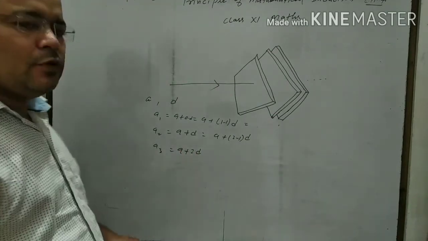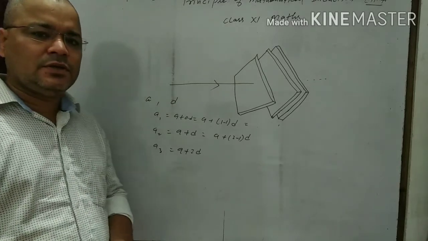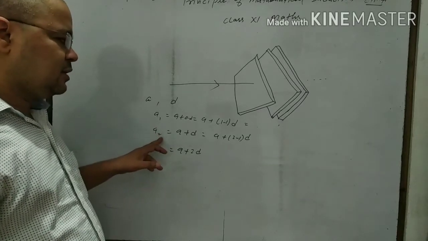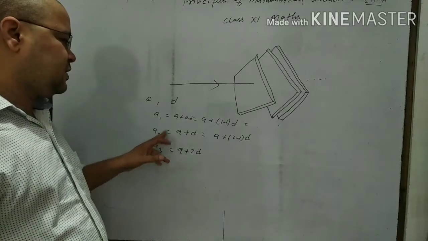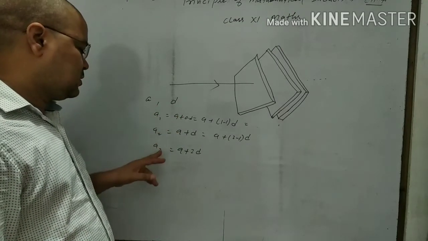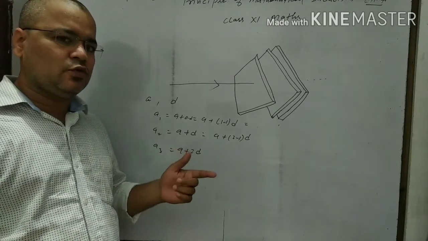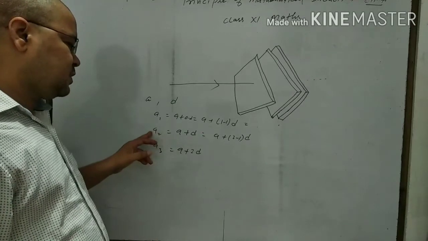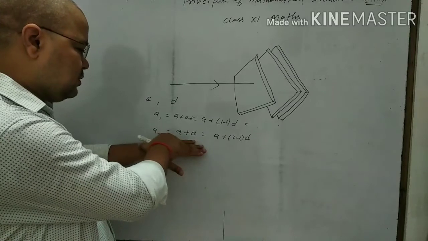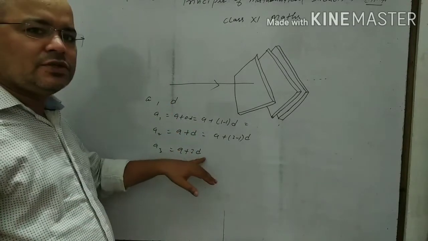We know that in an arithmetic progression, the second term is obtained by adding a constant value D to the previous term. The third term comes when we add the fixed value D to the previous term A2. The second term is A plus D; if we add D, it will be A plus 2D.